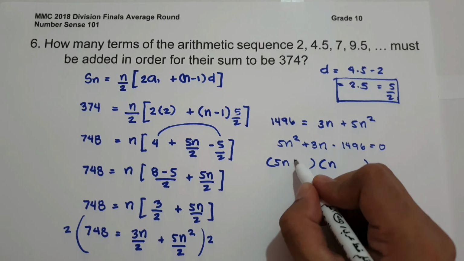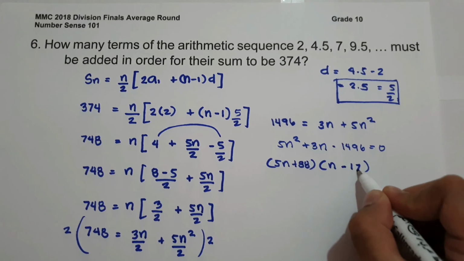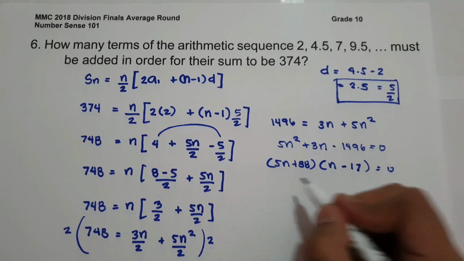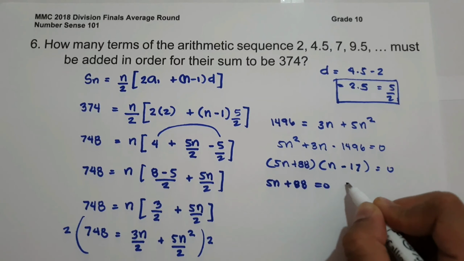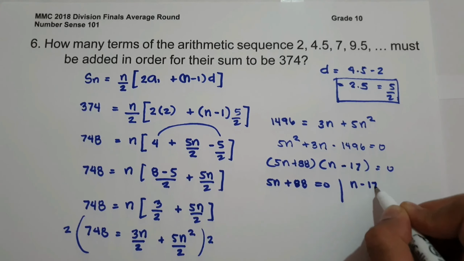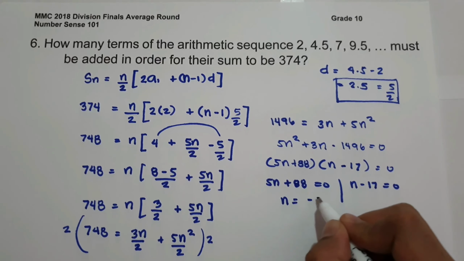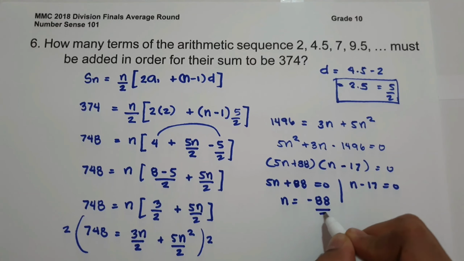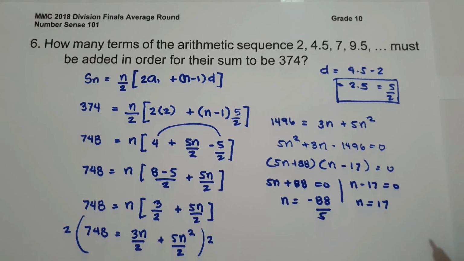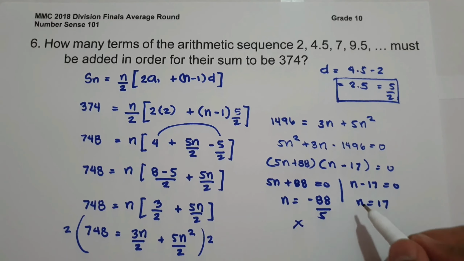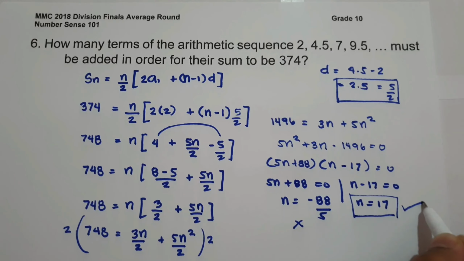That is 88 and negative 17. So let us equate to 0. So 5n plus 88 equals 0, and n minus 17 equals 0. So let us have n equals negative 88 over 5 and n equals 17. We are not going to take the negative. So the value of n is 17, and this will be our answer.